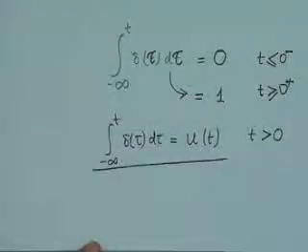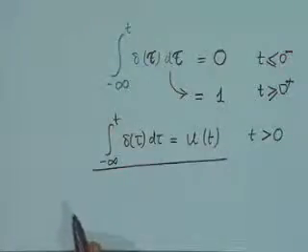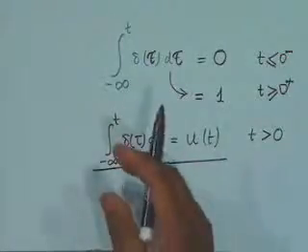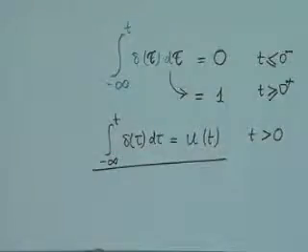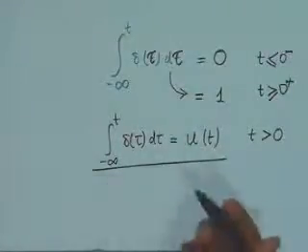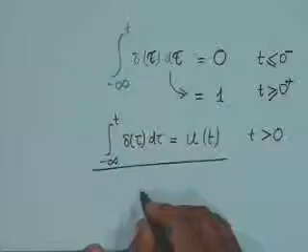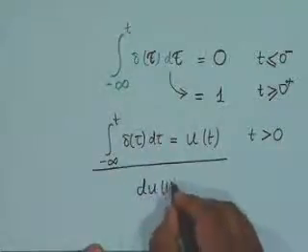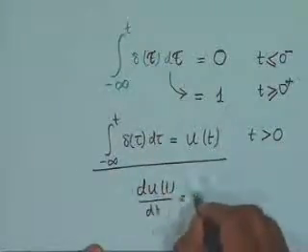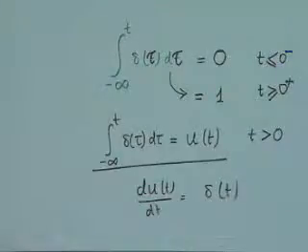That is precisely the unit step, and therefore the integral of the delta function, the unit impulse, is the unit step. And if two functions are related by integration, they can also be related by differentiation, that is, du t by dt must be equal to delta t.